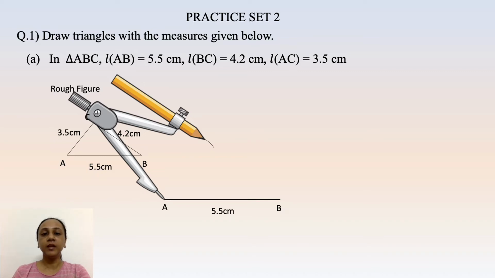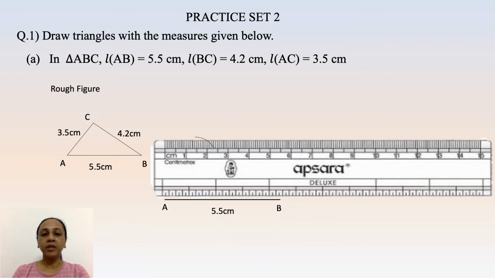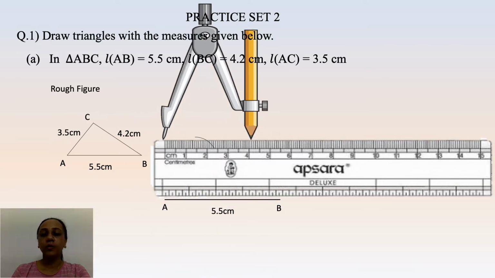AB. Now, the length of BC is given as 4.2 centimeter. So, take measurement 4.2 centimeter in the compass.